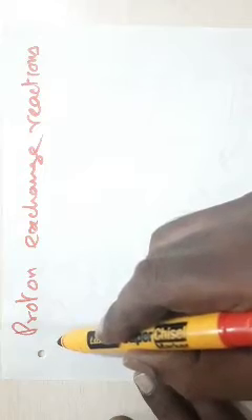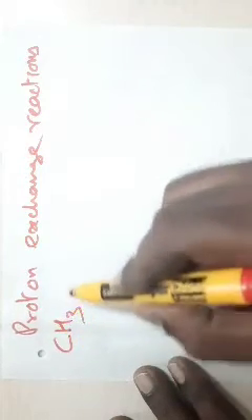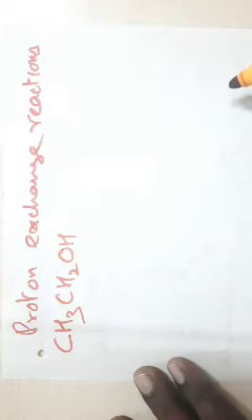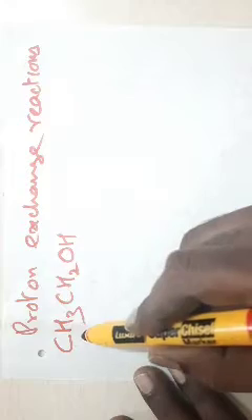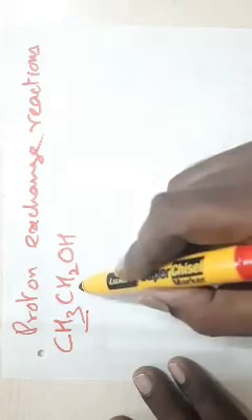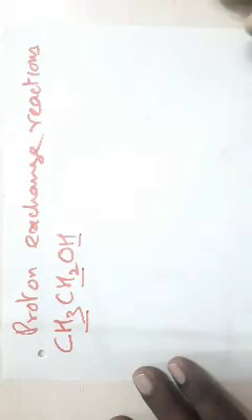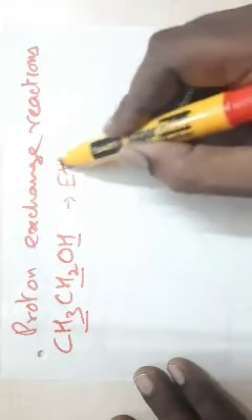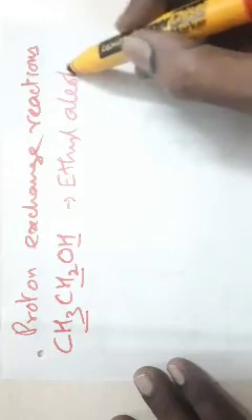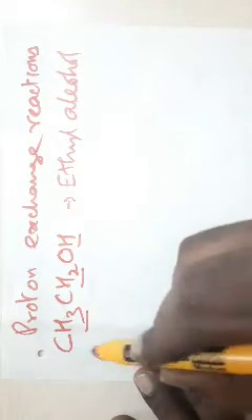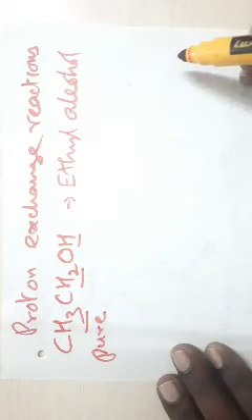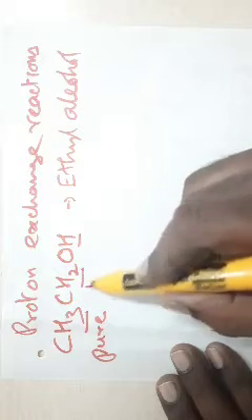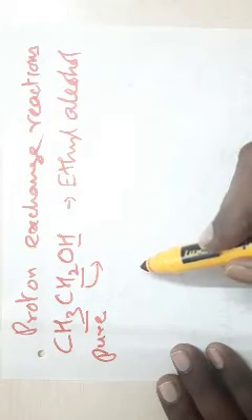Let us consider a simple example, ethyl alcohol. Ethyl alcohol contains methyl protons, methylene protons and an OH proton. If the sample is pure, then what will be the chemical shift values?